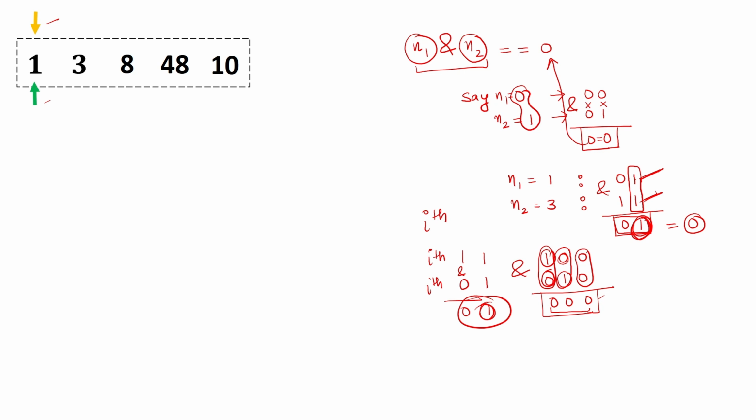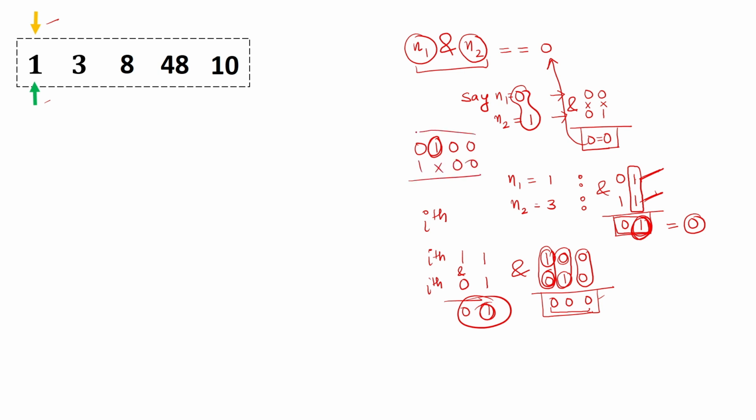Now, at any point of time, I am interested in the number of ones that I have seen in a particular position. Let's say this has a 1 at this position. I know that for any number that wants to get added in your subarray, it cannot have a 1 at this place. The rest can be 1s.